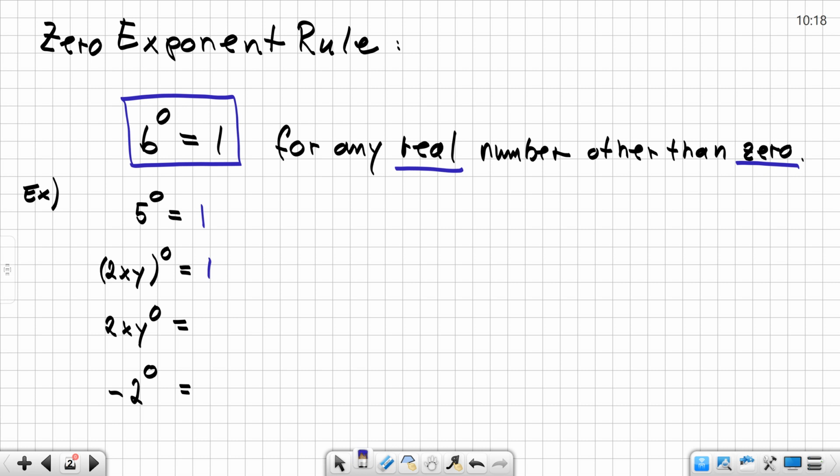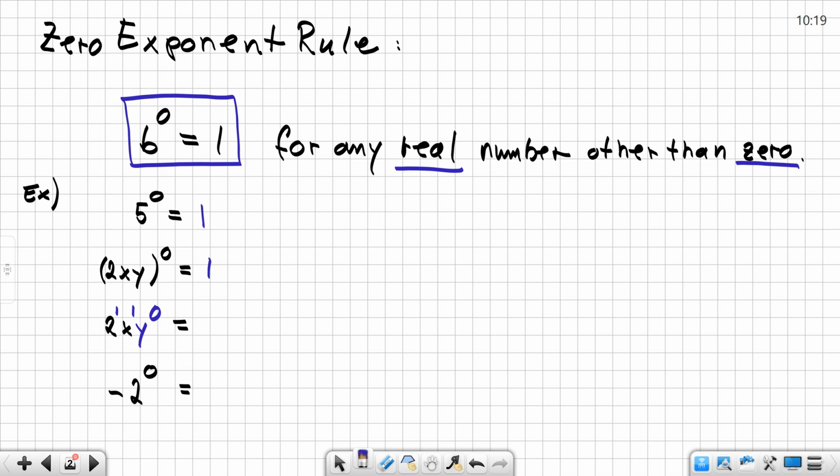And now here is the tricky part. Parentheses make a difference. 2 times x times y to the 0 power, the only factor that has 0 as a power is y. So in other words, there are exponents that we don't write attached to the 2 and the x.